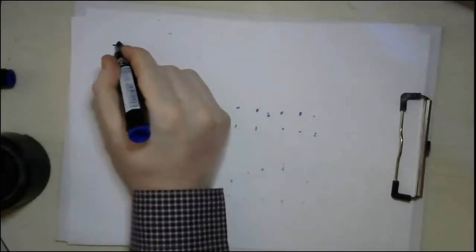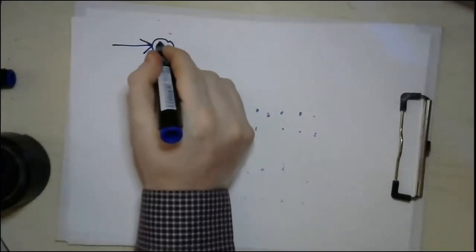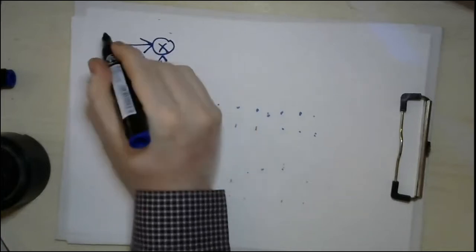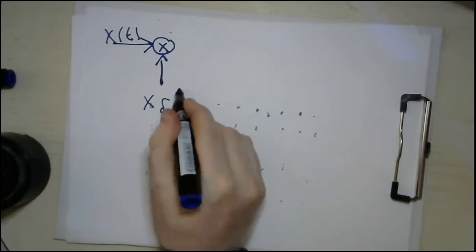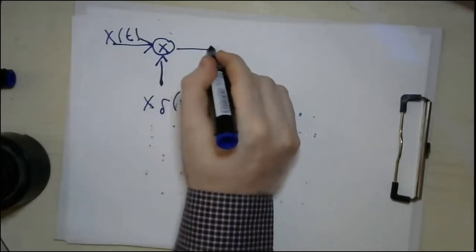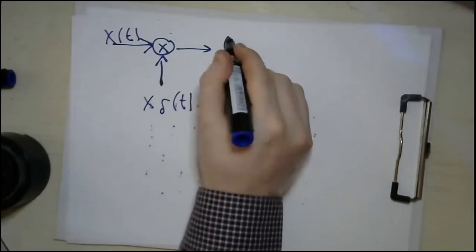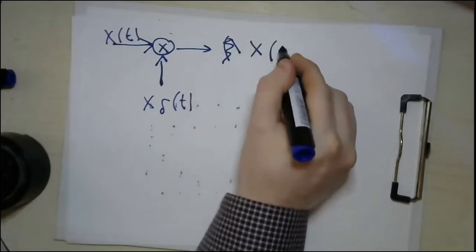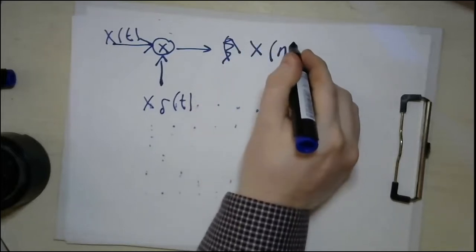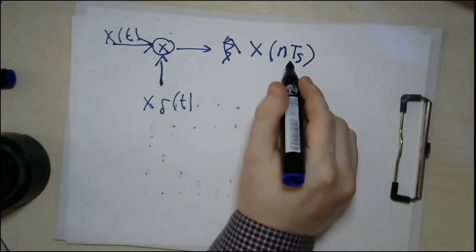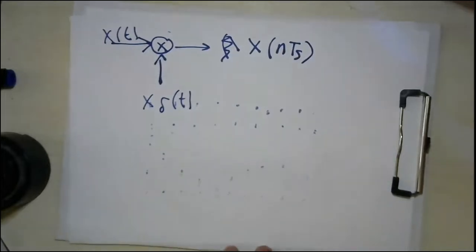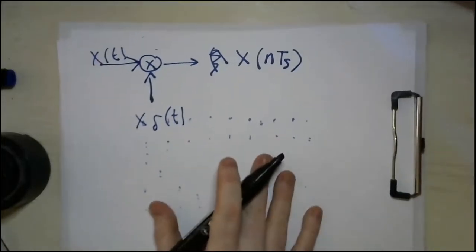What I said is, this is simply a multiplication process in the time domain between x of t and x delta of t, which is the train of delta Dirac functions. Then you can get x of n ts, which is only defined at 0, ts, 2 ts, 3 ts, and so on. This is simply the process.